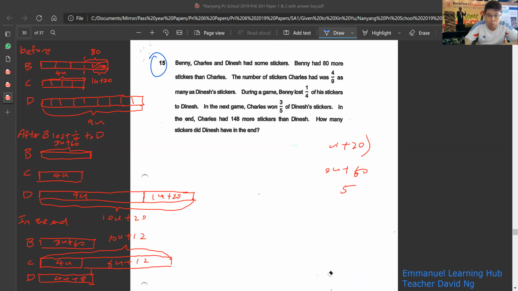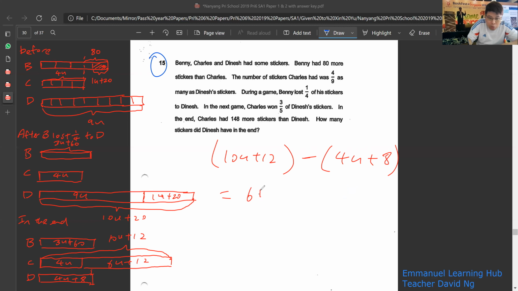Okay, our friend here has 10U plus 12. Then they say at the end of the day, Charles had 148 stickers more than Danish. So 10U plus 12, what Charles had, minus what Danish had. 10 minus 4, 6U. 12 minus 8, 4. 6U plus 4 is 148.